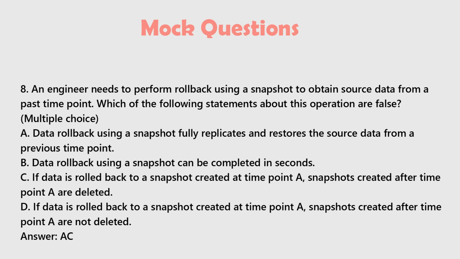B. Data rollback using a snapshot can be completed in seconds. C. If data is rolled back to a snapshot created at time point A, snapshots created after time point A are deleted. D. If data is rolled back to a snapshot created at time point A, snapshots created after time point A are not deleted. Answer: A, C.